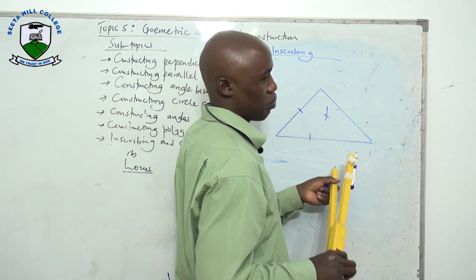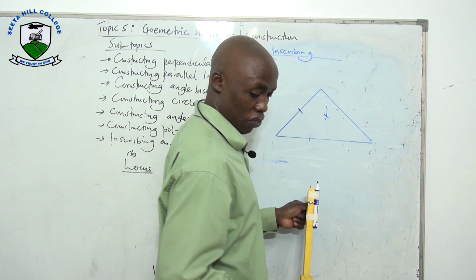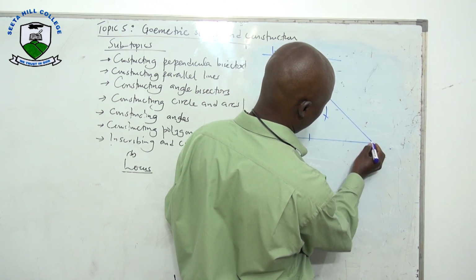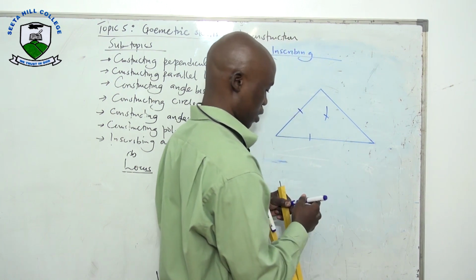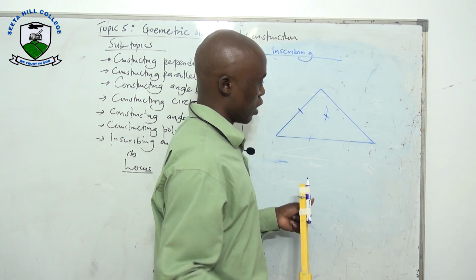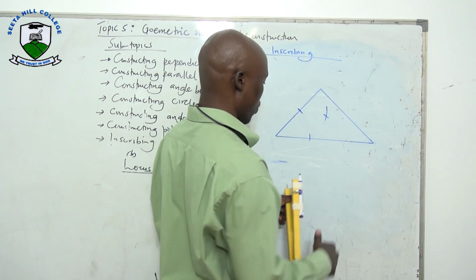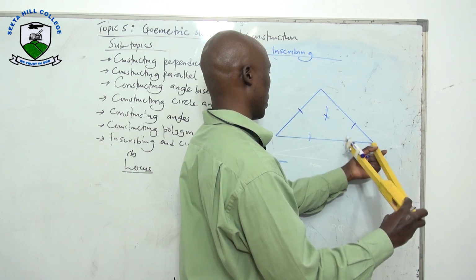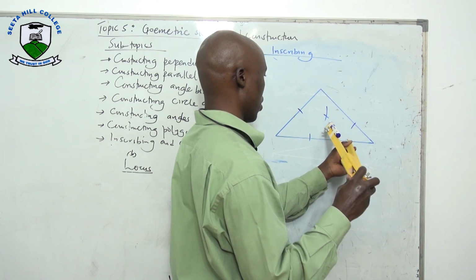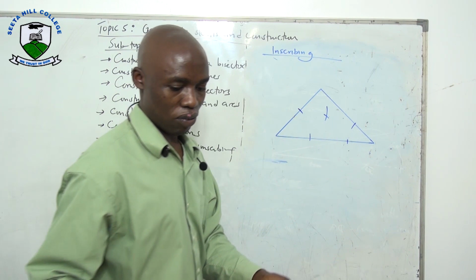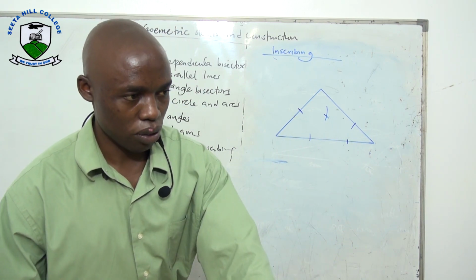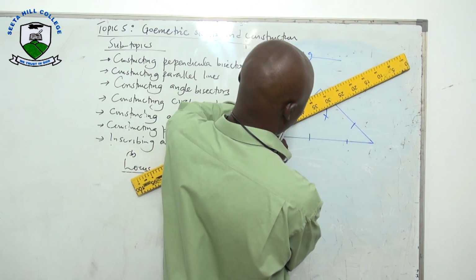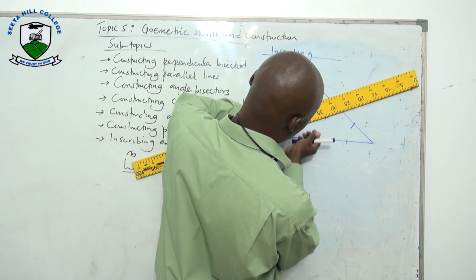Then do the same for this corner. Use a ruler here to make sure everything is right. Bisect. You first have to close down this arc and join it because it will confuse you.